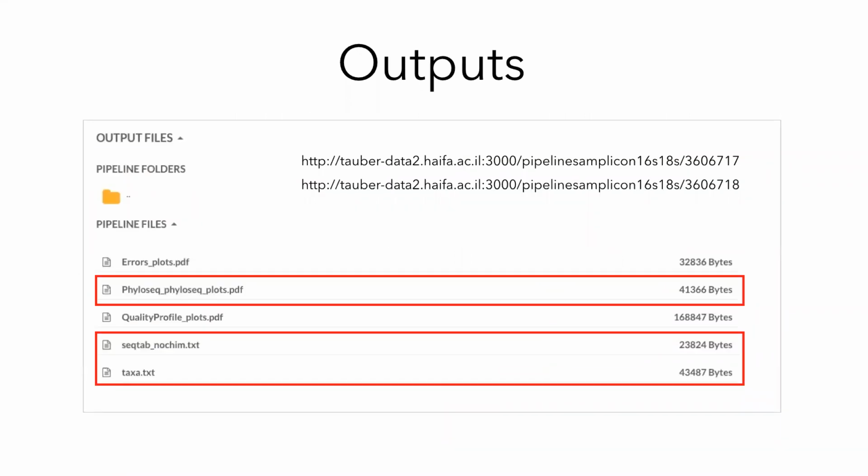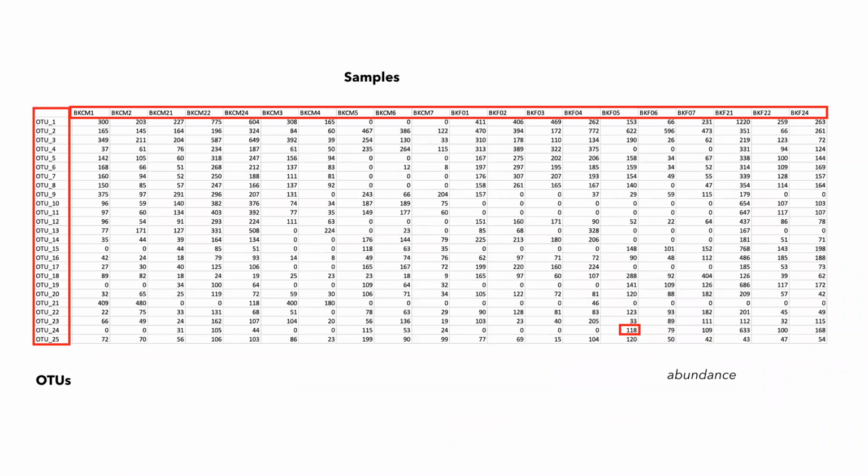And then we looked at how some of these different outputs look. What are they? What kind of information do they have? You can see in your own pipeline, if you've run it, what's inside. Inside we saw that we have the sample names. Right here you can see the full table, and this number is the abundance.